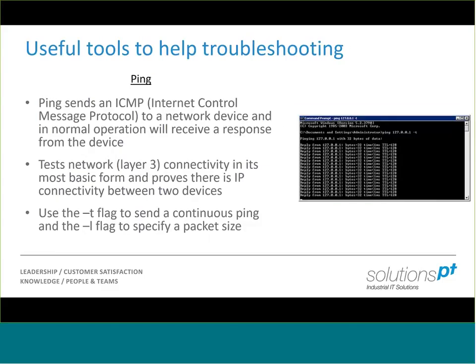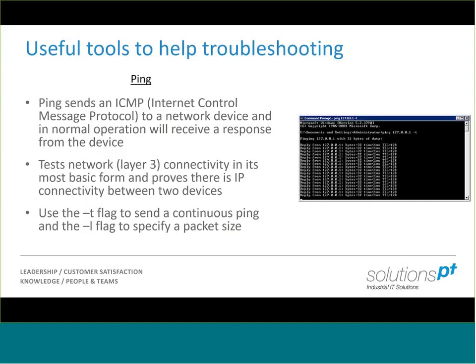Everyone's probably heard of ping. Ping is part of the ICMP protocol suite that will allow your two network devices to test the most basic form of connectivity with each other. So this is all happening at layer 2 and layer 3. There's no ports involved here. There's no upper level application stuff going on here.